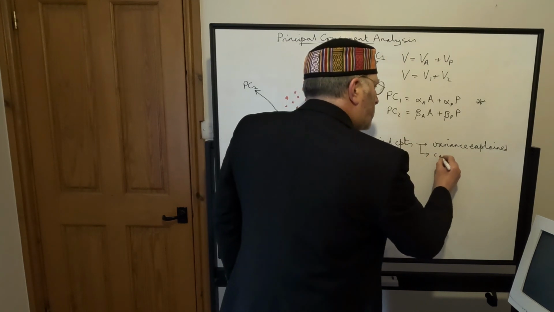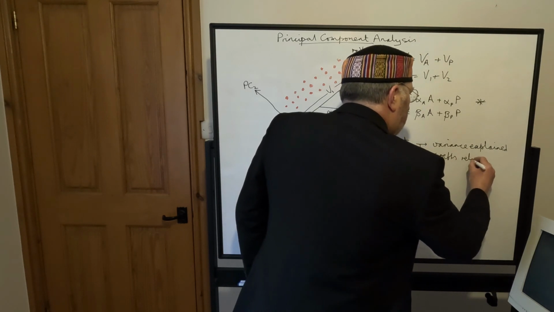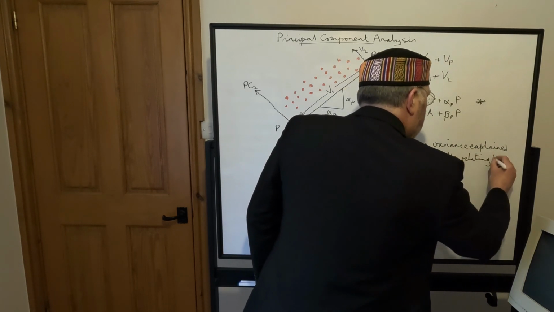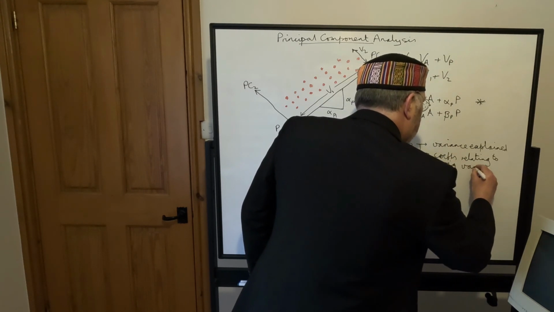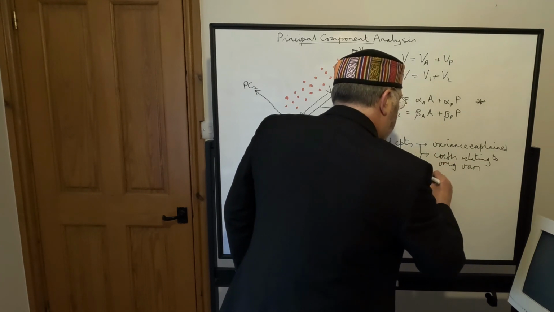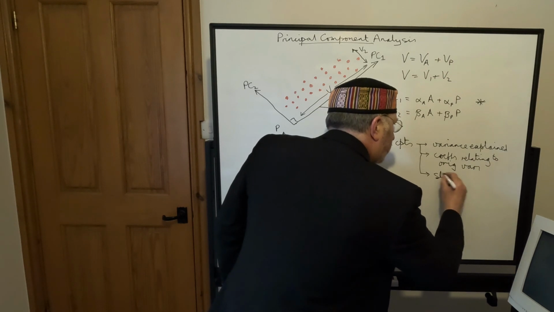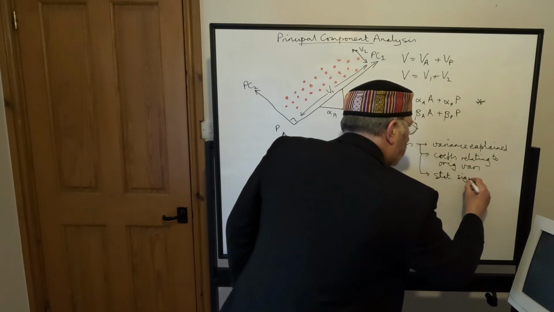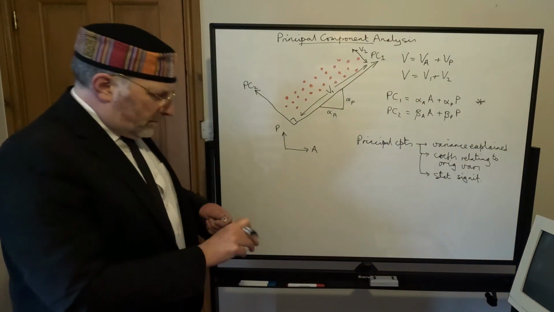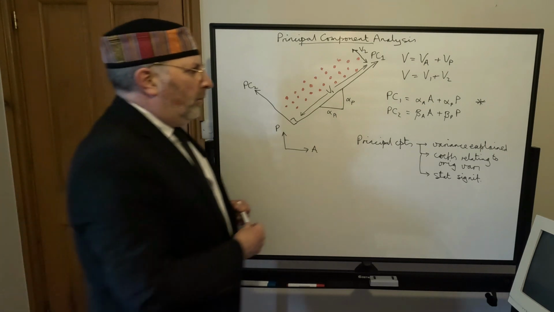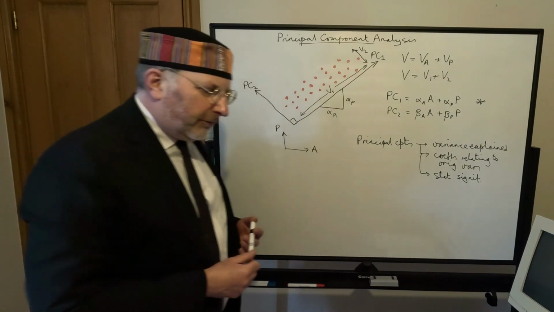The coefficients relating it to your original variables. And some metrics of statistical significance. What's the probability of these components having those values by chance?